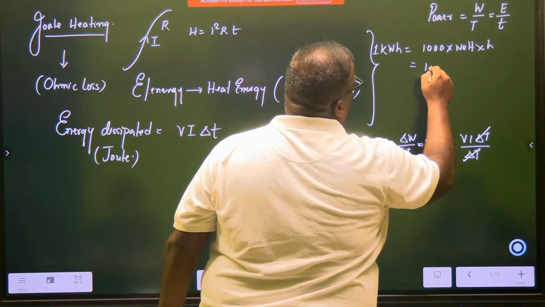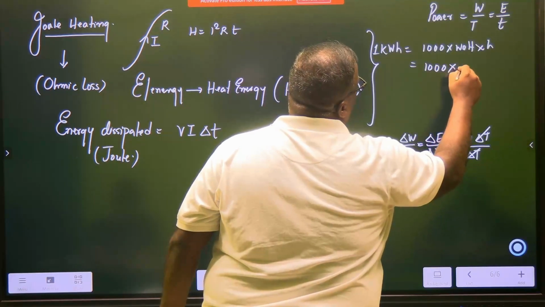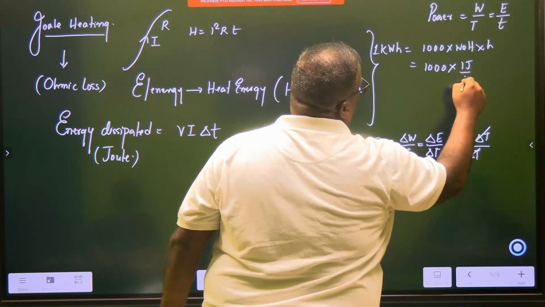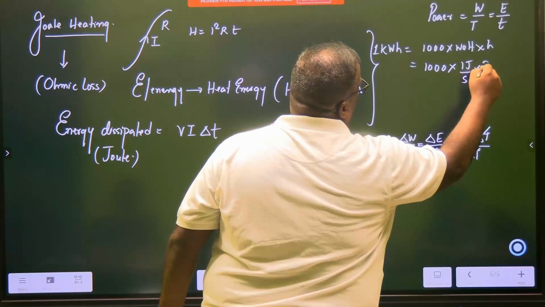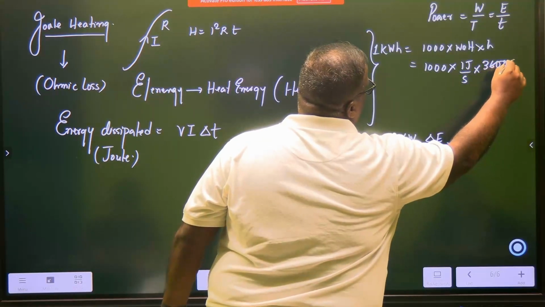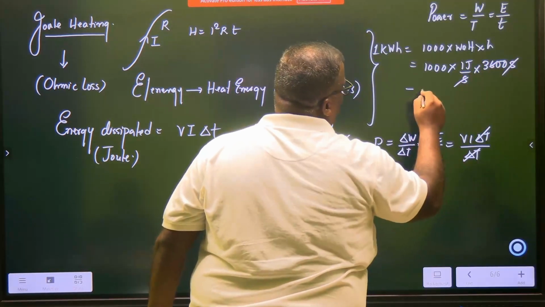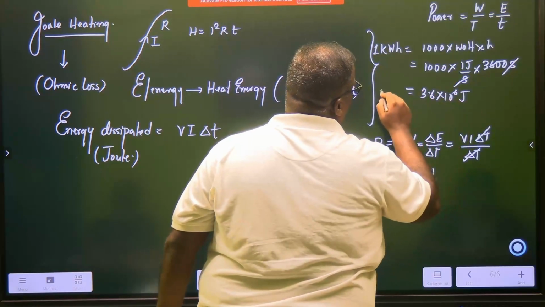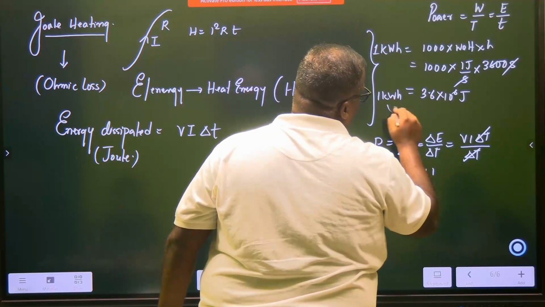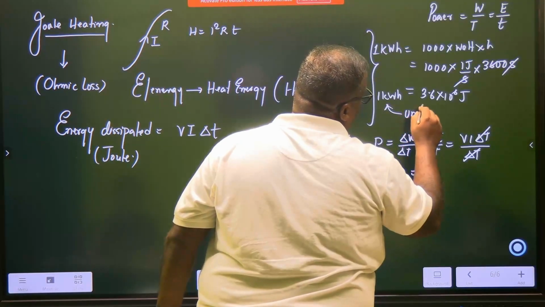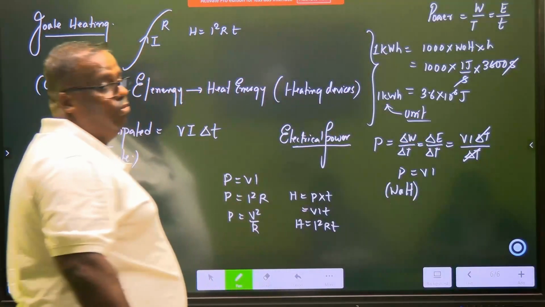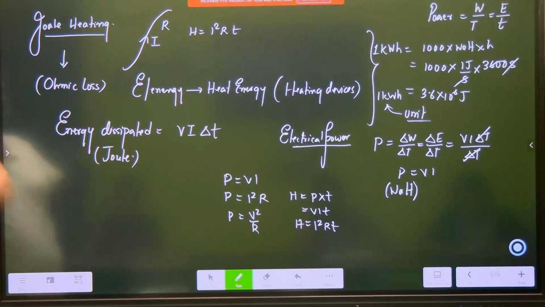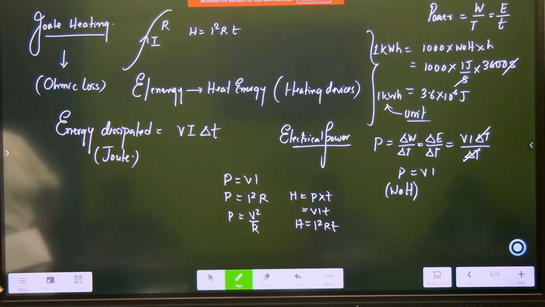That means 1000 into 1 joule per second into 3600 seconds. Seconds cancel. So this is 3.6 into 10 to the power 6 joule. That is 1 kWh. And this is what people call in common language a unit. 1 unit of electricity is 3.6 into 10 to the power 6 joules.